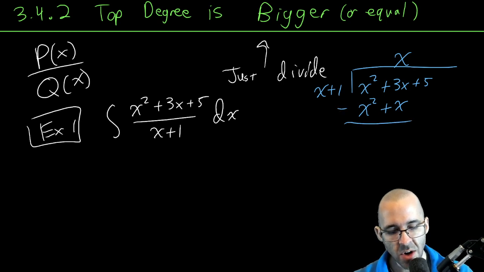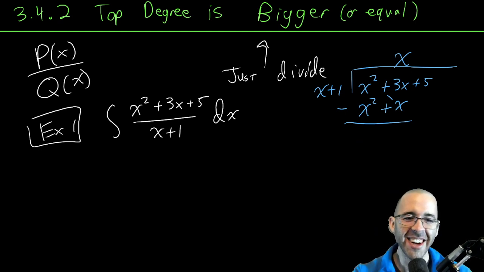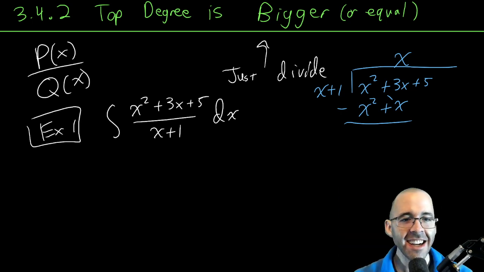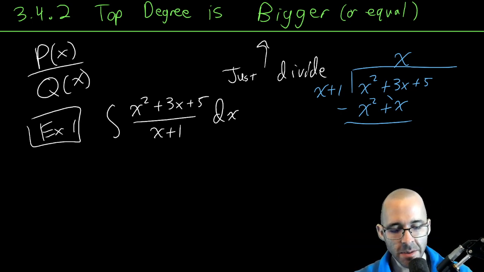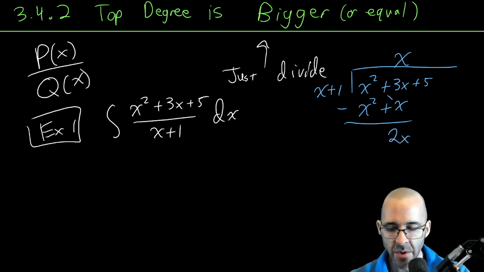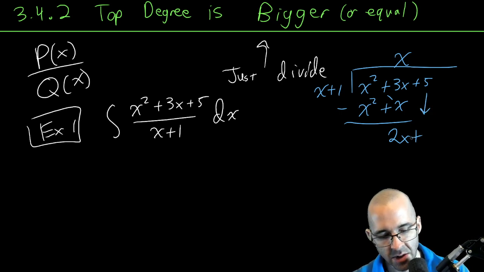And now we subtract. X squared minus x squared cancels out. It cancels out. And then when we subtract, we have a 3x minus an x. That's 2x. And then what do we do after that? We bring down the next term. So we get 2x plus 5.